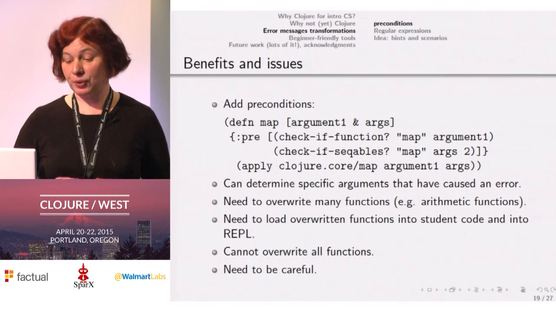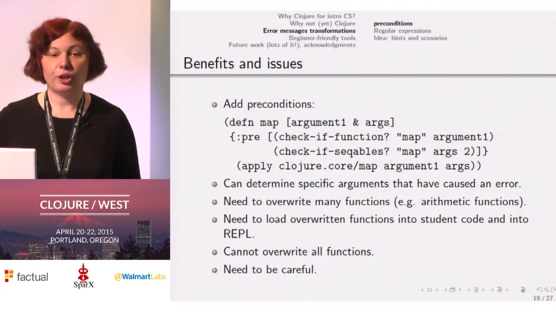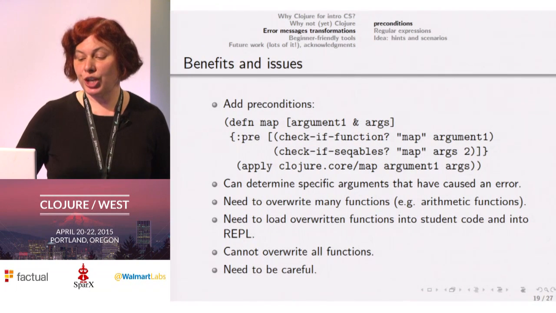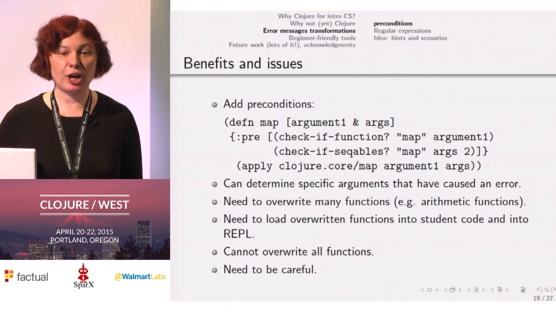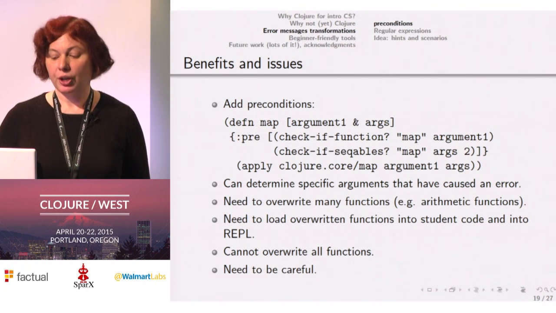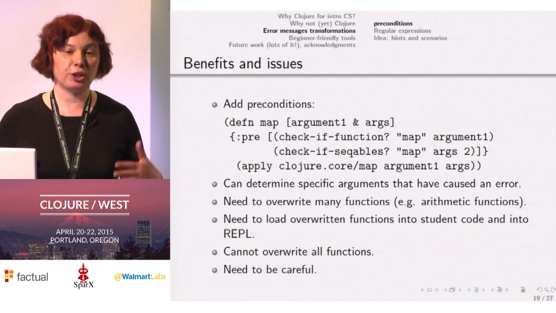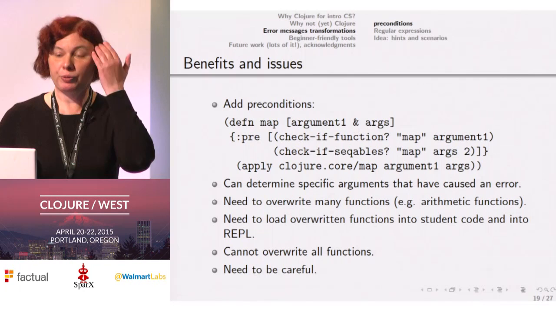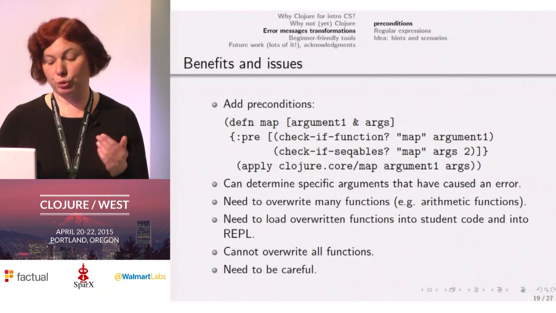So how is this done? We actually redefine map, and we do a check to check that the first argument is a function and the rest of the arguments are seekables. The two functions that you see, check-if-function and check-if-seekables, record what the offending argument was. And we only check for the first one, because if the first precondition fails, then we don't go to the next one.